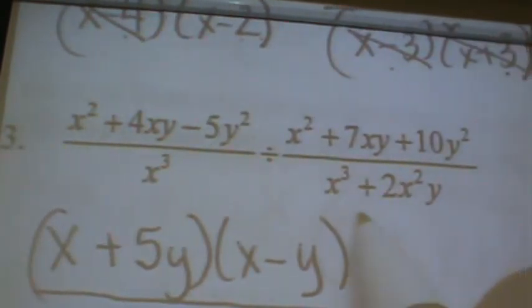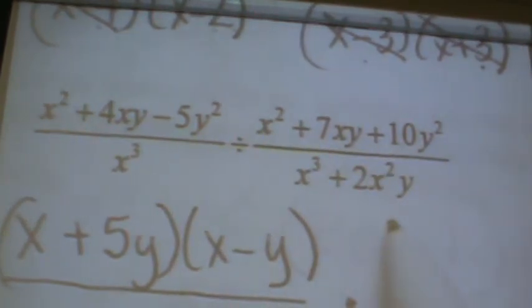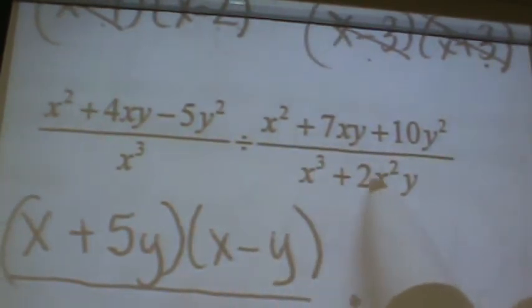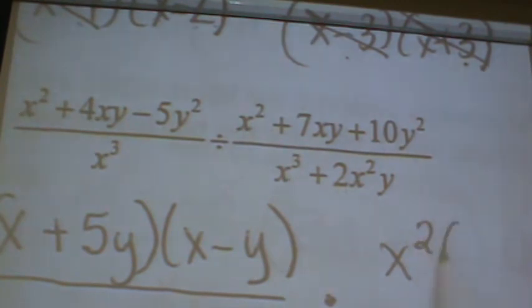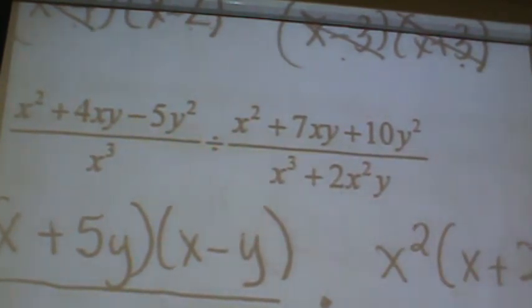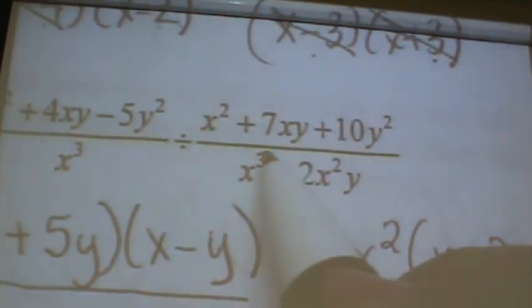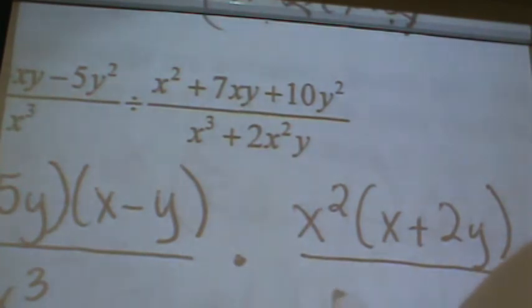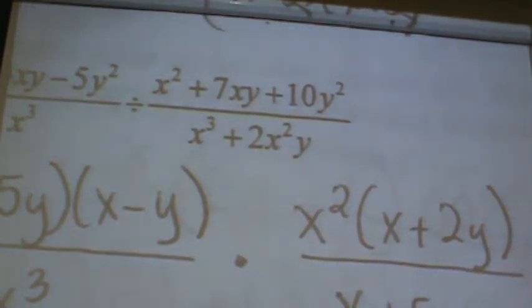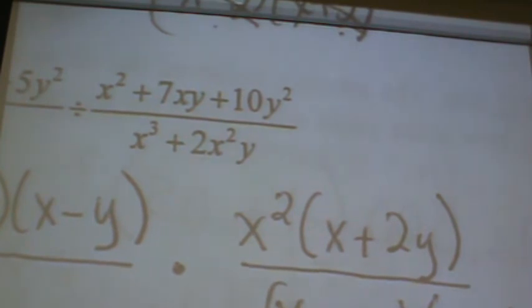We're gonna flip this, we're gonna take out the numerator, this is really in the numerator. What is common? It's a GCF, x squared. You're left with x plus 2y. In the bottom, you can factor x plus 5y and x plus 2y.